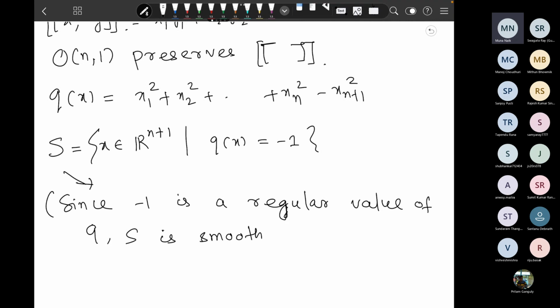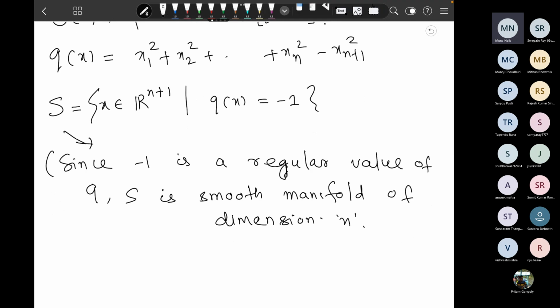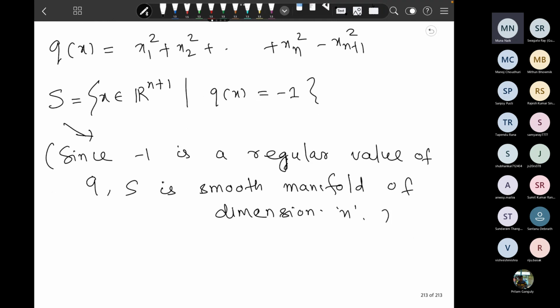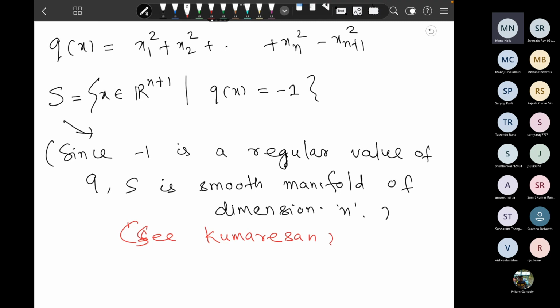In fact, it is an embedded submanifold of R^{n+1}, so S is a smooth manifold of dimension n. You can look at the book for this. Okay, so this is a manifold.